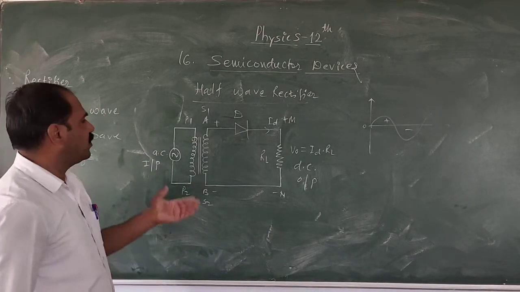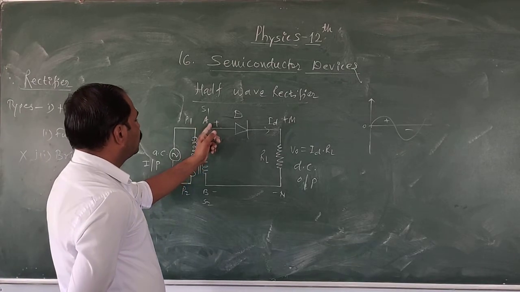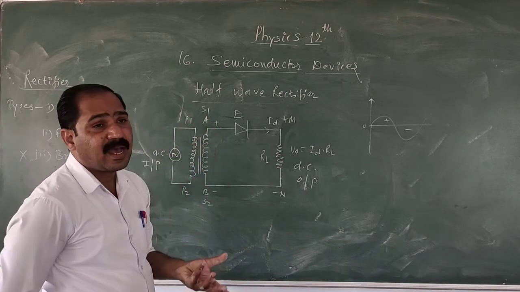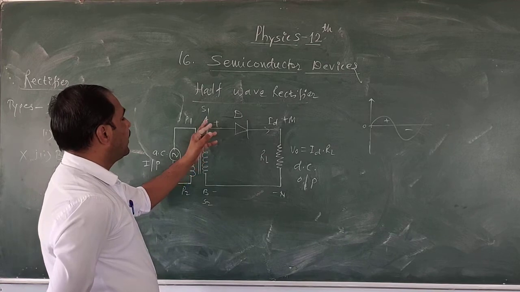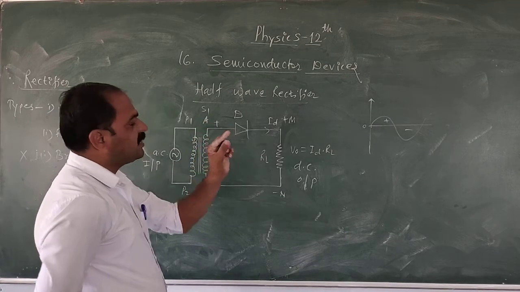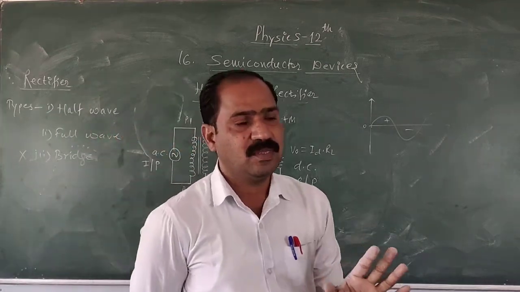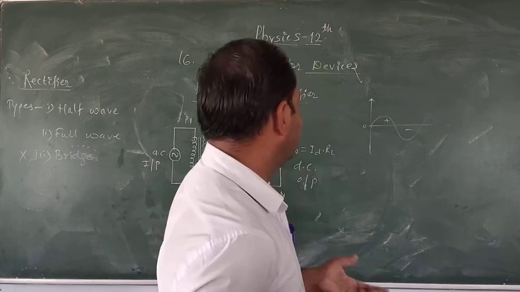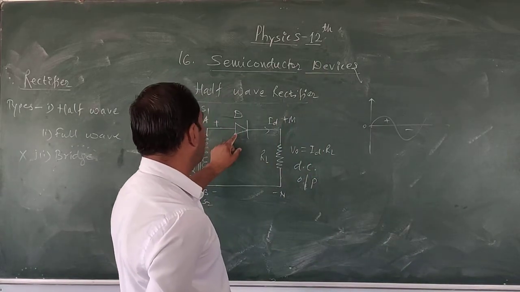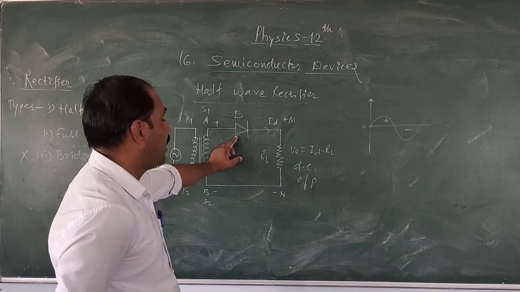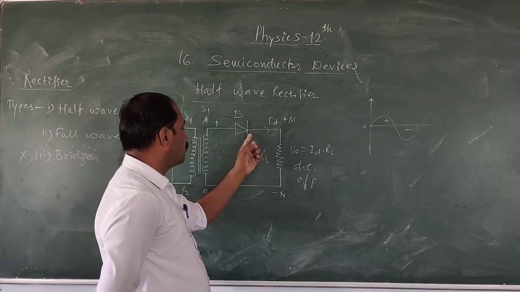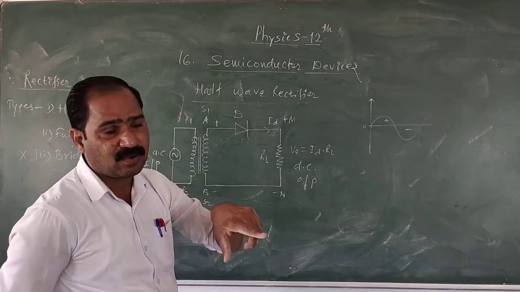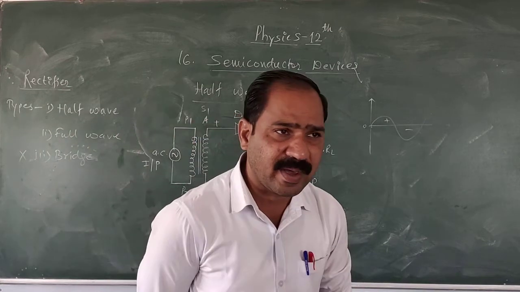ऐसे बोलते हैं, फिर ऐसे बोलते हैं, when positive potential or the half cycle is applied at the A, the diode D is forward bias now. What is the forward bias? When the positive potential is given to the P terminal of the diode and negative potential is given to the N terminal of the diode, then that biasing is called as the forward biasing.